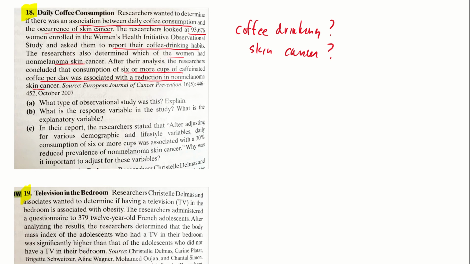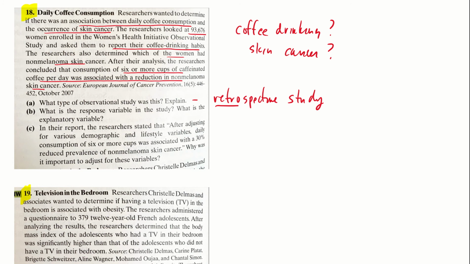So I'm going to call this a retrospective study. Retro meaning we're going to look back and collect data. So we're looking back and collecting people's data on their coffee drinking and then going from there.